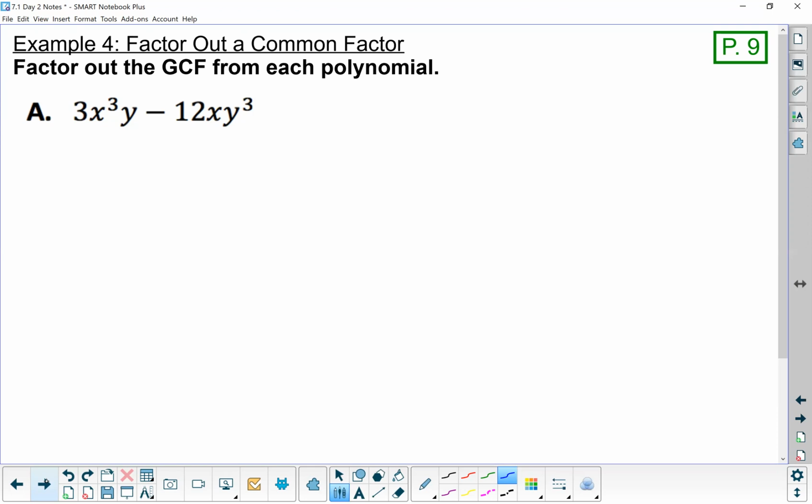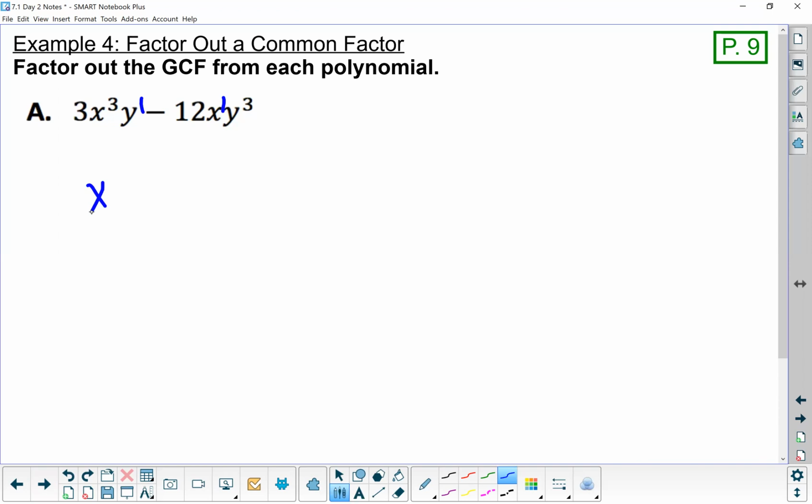I look at my x's. Do I have x's in both terms? Yes. What is my smallest exponent on my x's? 1, right? It's not written there, so if we write it in, it's helpful. So I'm going to have an x, or x to the first, as part of my greatest common factor.